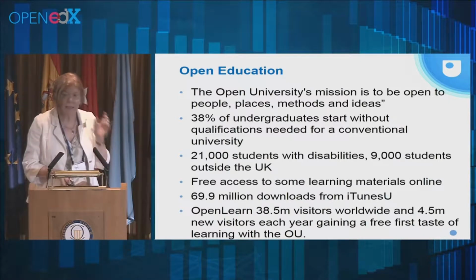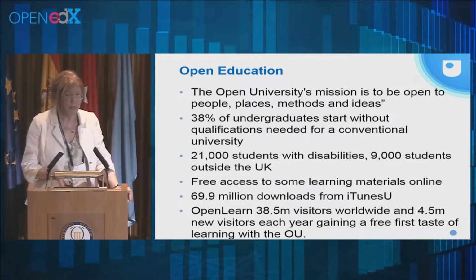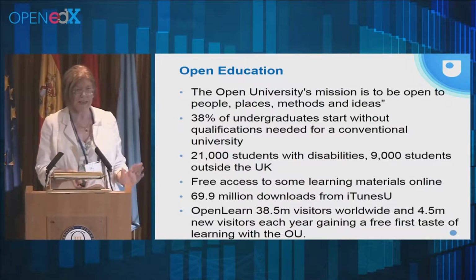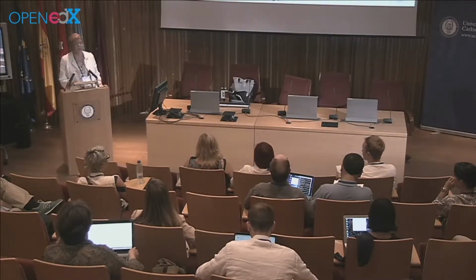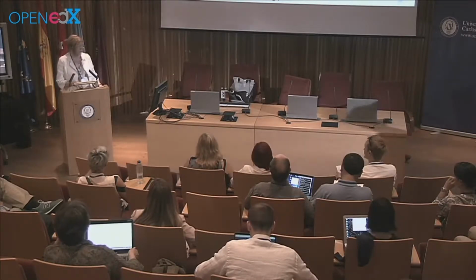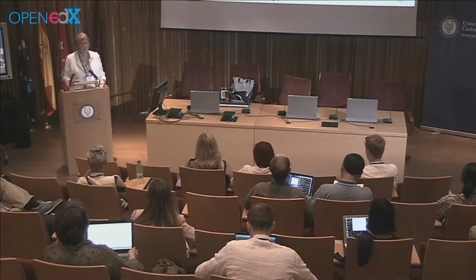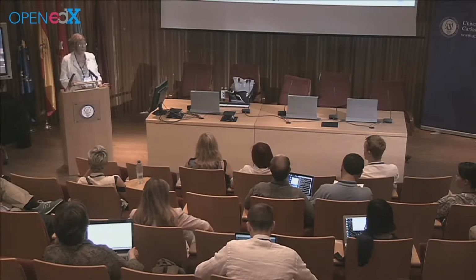As I said before, we got into online and open quite early. The aspect of the Open University which wasn't open was we asked people to pay fees. Not very big fees, but you had to pay something to join our courses. And thanks to a grant from the Hewlett Foundation back 10 years ago, we got enough money to put onto a website, freely available, a third of the course content that we had at the time.